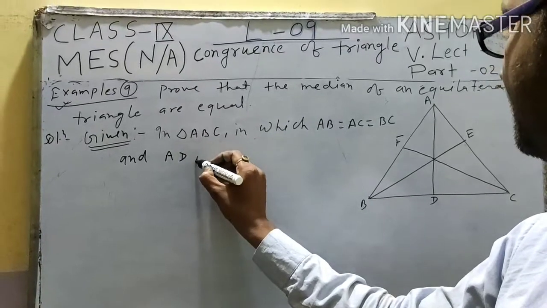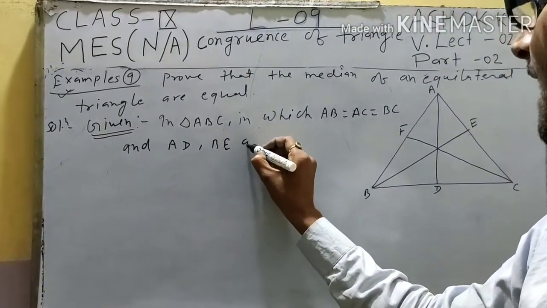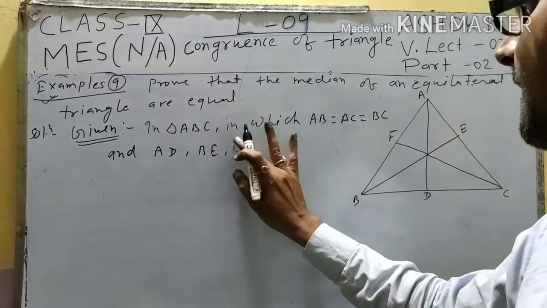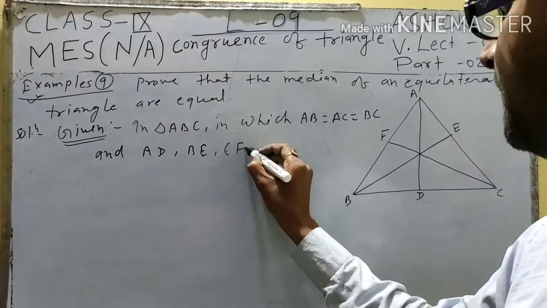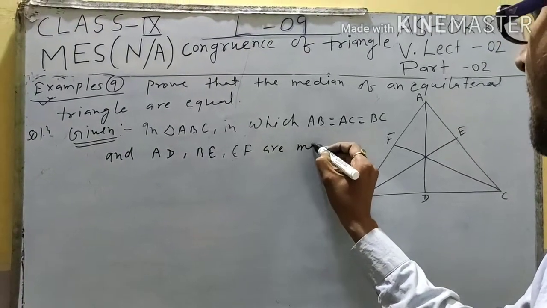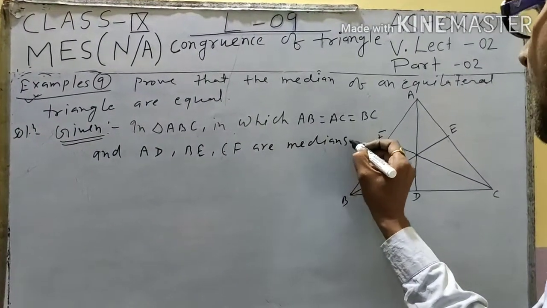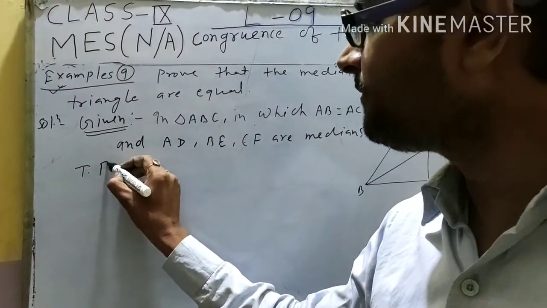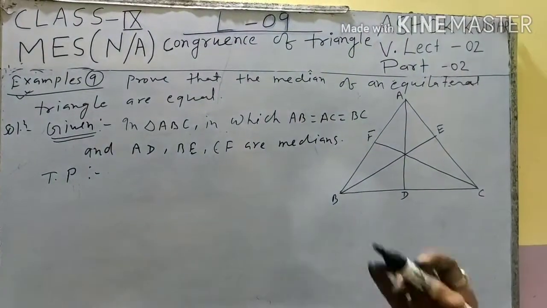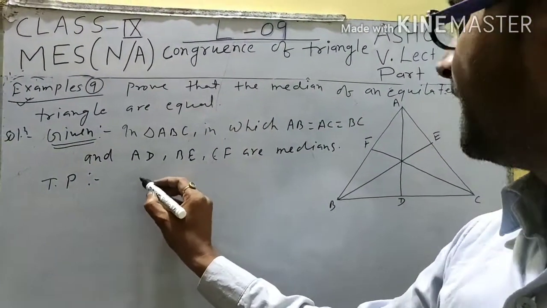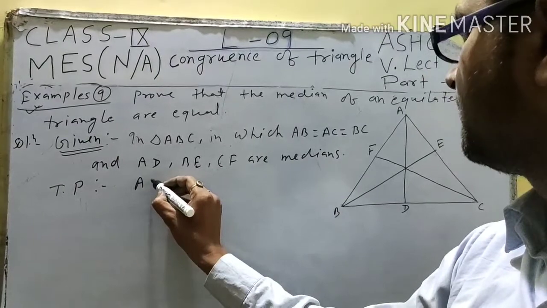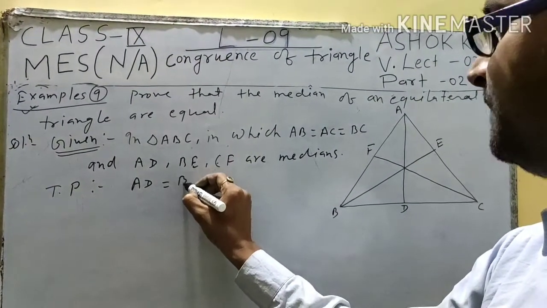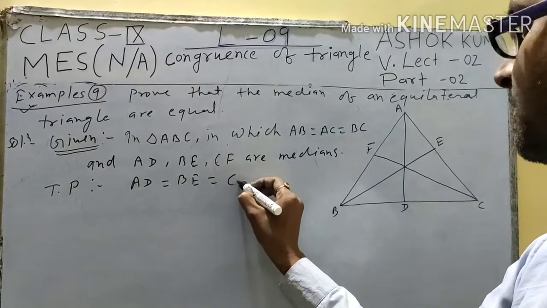In triangle ABC, AB is equal to AC is equal to BC, and AD, BE and CF are medians. Okay, so these are the medians. This is the given information. Now to prove, TP, that means to prove: AD is equal to BE is equal to CF.